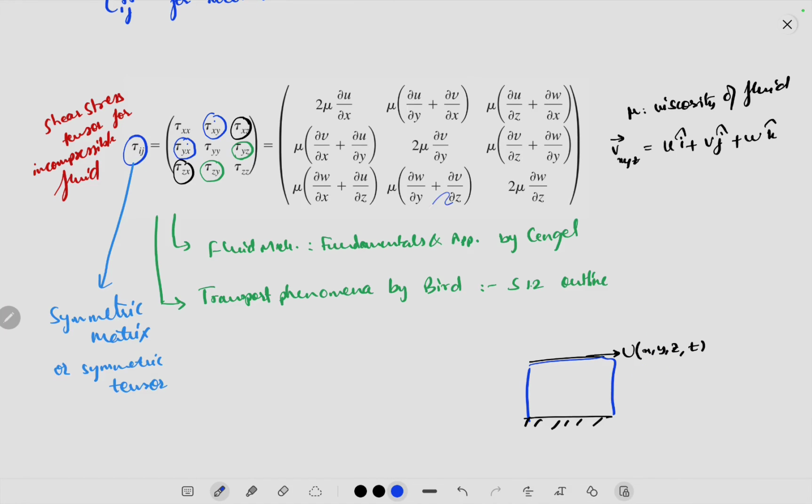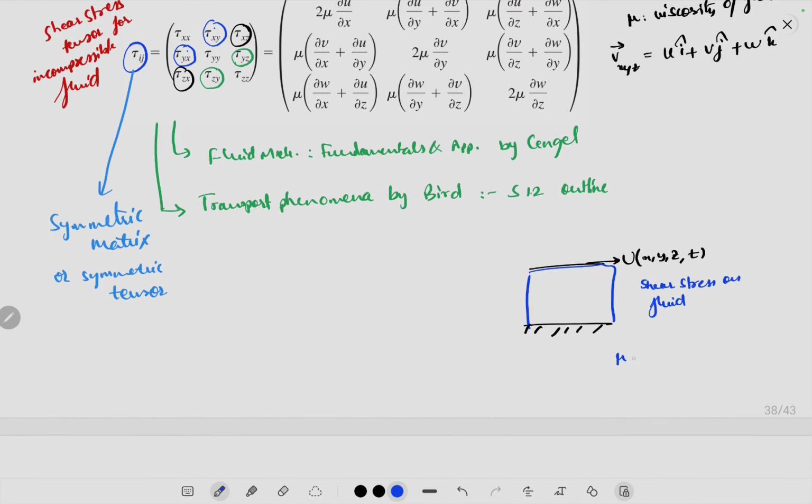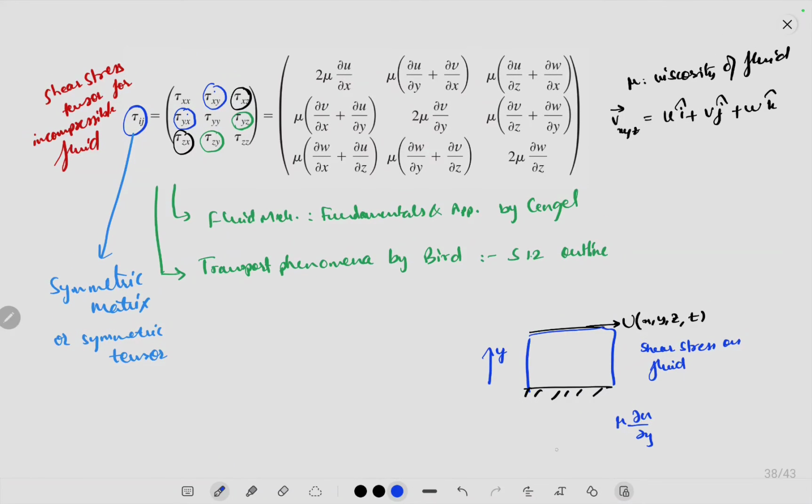Then I have to get all the matrix components to write the force or the shear stress acting on the fluid. I cannot just simply say that this is mu del u by del y, where my axis is along y. Alright, so you should be very careful about this.